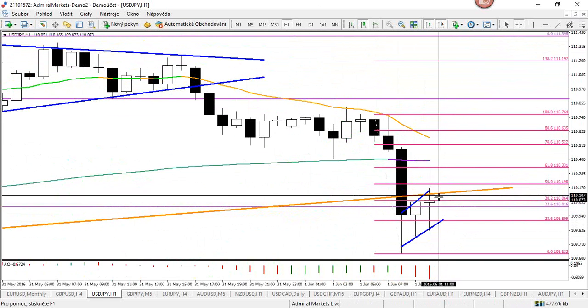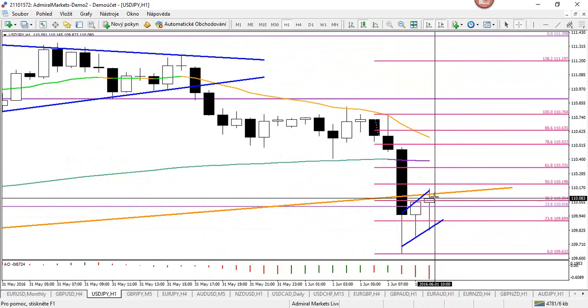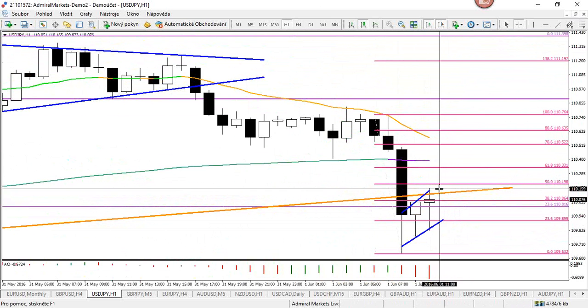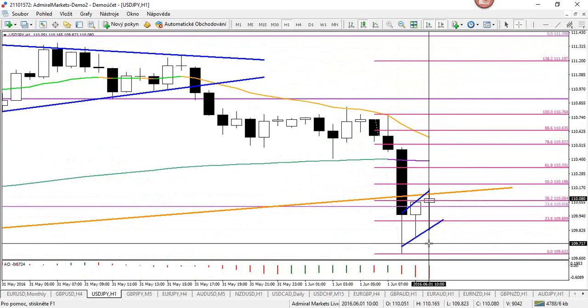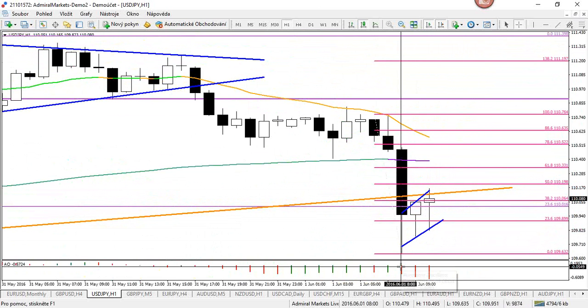I'm still going to wait with that short, because look at this hourly. It looks like a doji, so that doesn't really look that great. It could easily break the high of this hour if it's like that. All right, we'll wait 1 more minute, and let's see how this is.